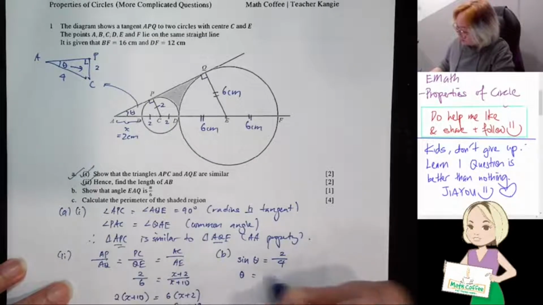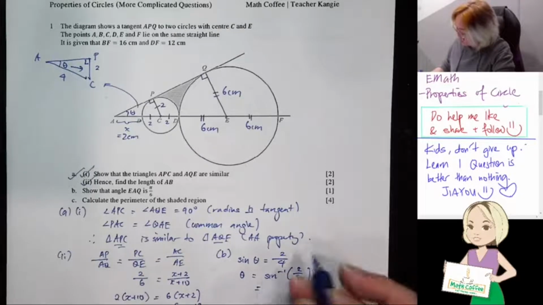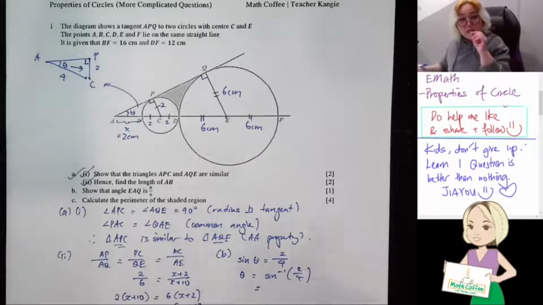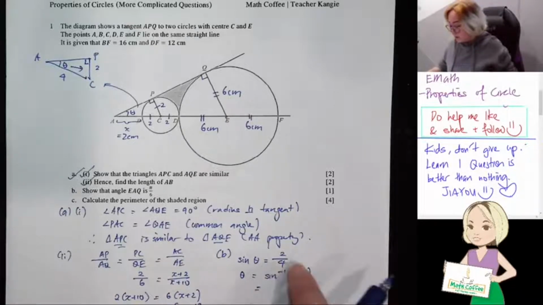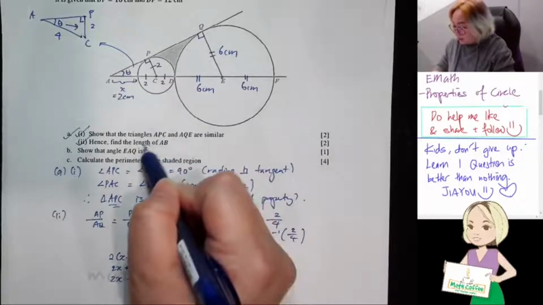So to find theta is just sine inverse 2 over 4. And in terms of degrees, you will get 30 degrees. Sine inverse half, if you keep your calculator in degree mode, will give you 30 degrees. But they want it in terms of pi.